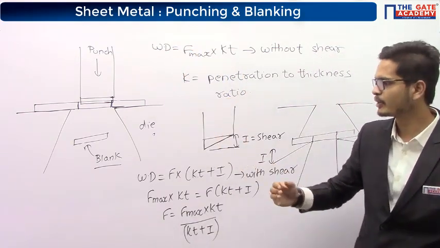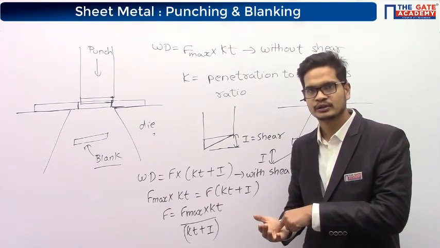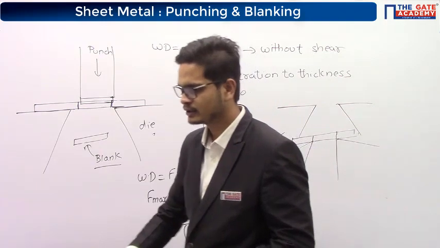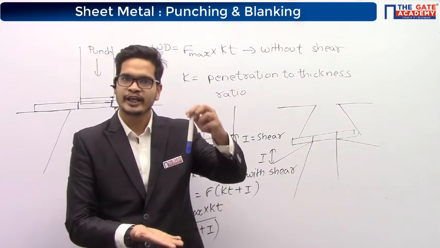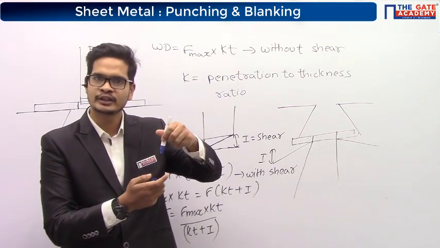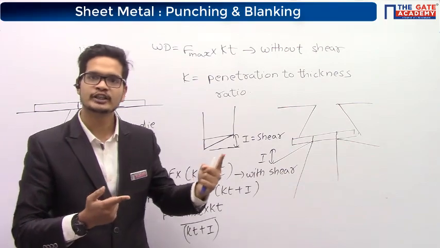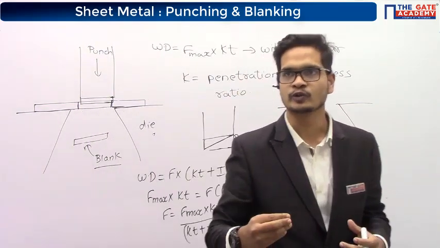Now what I'm saying is by providing shear, the force will reduce. It is just like when you are trying to make the hole with a conical portion, and when you are trying to make it without a conical portion. When you make the hole with a conical portion, you will require less force, right?